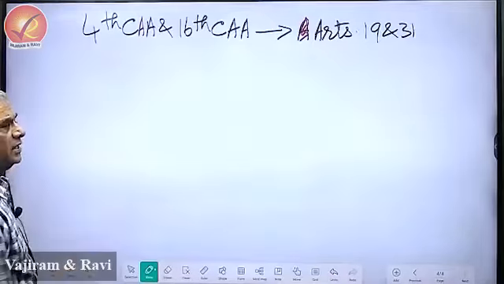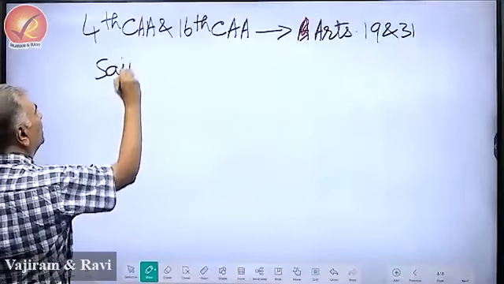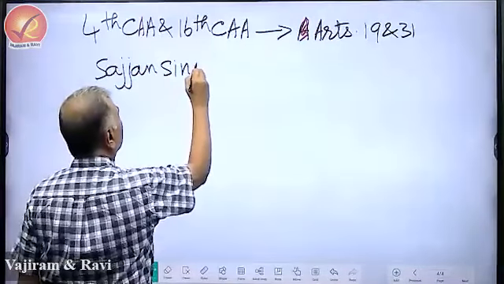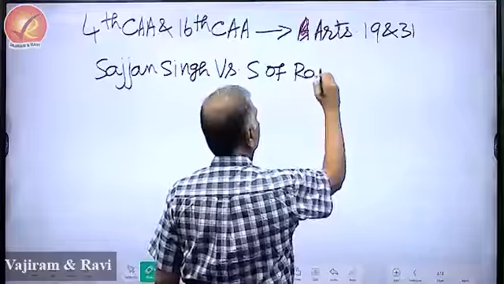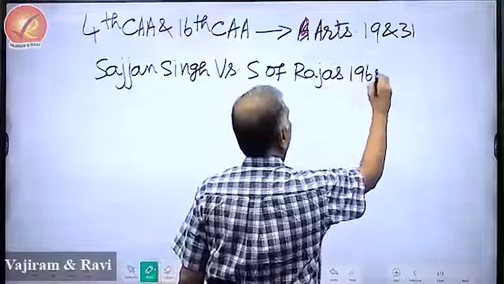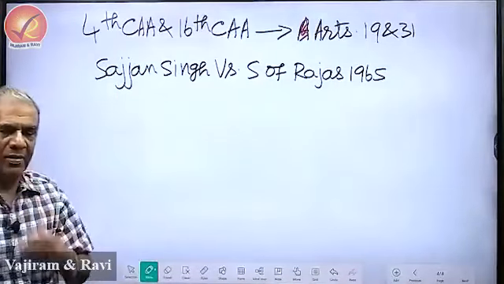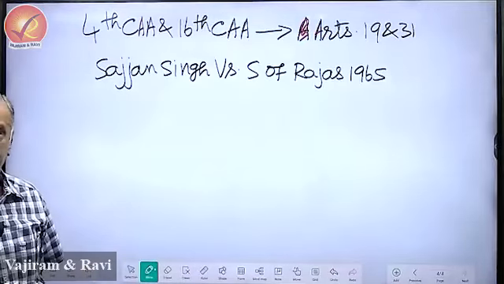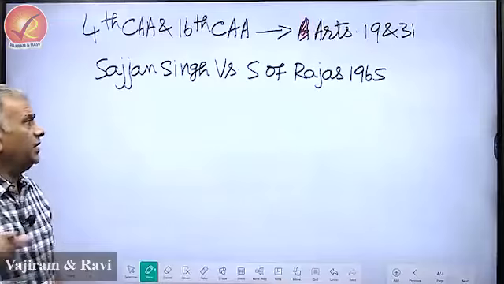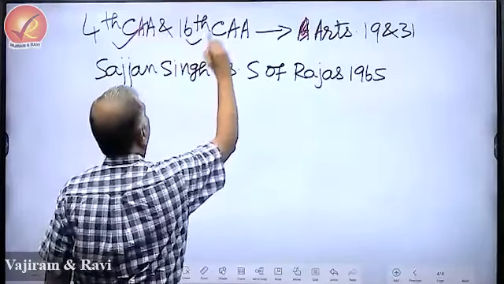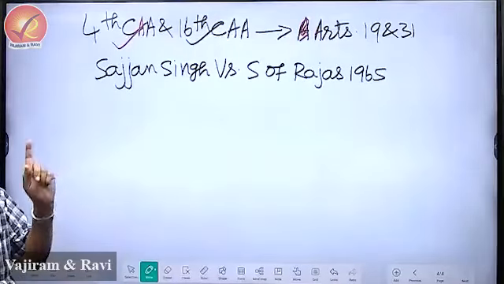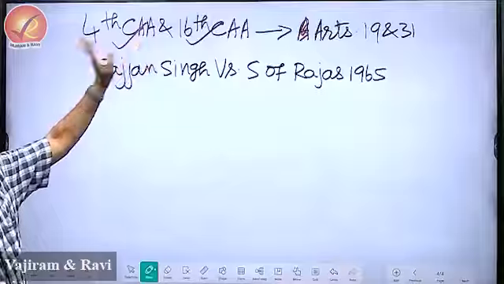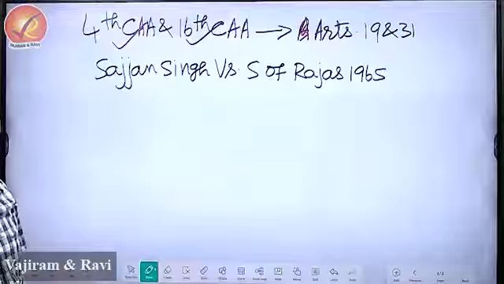And these two amendment acts were challenged before the Supreme Court in a case known as Sajjan Singh versus State of Rajasthan, 1965. In this case, the Supreme Court held both these acts as constitutionally valid. So by following the same line of interpretation given under Shankari Prasad, the court in the Sajjan Singh case also held these two amendments as valid.